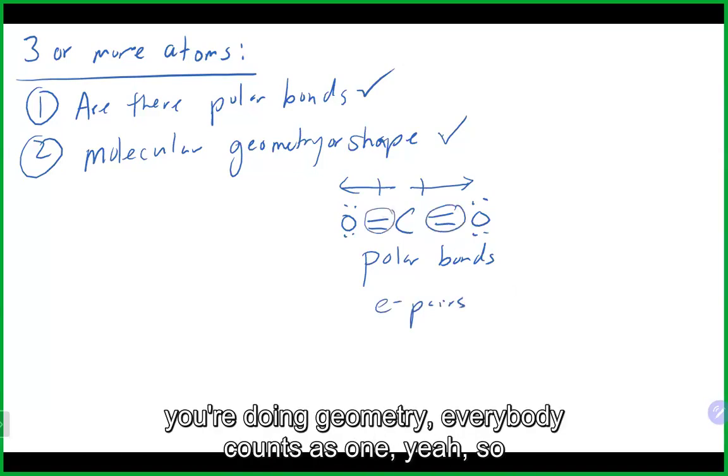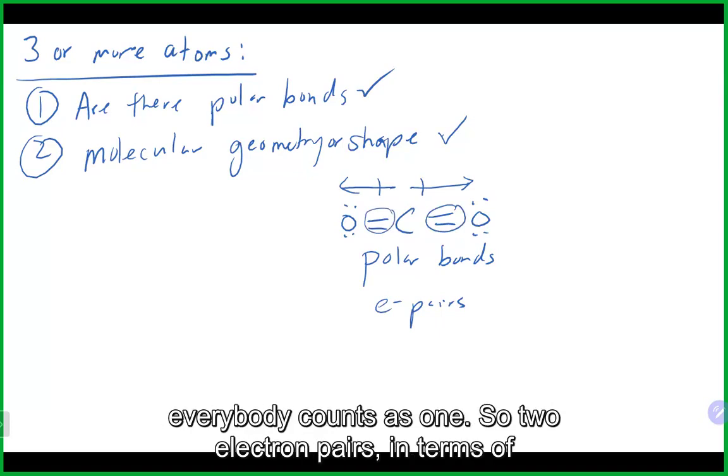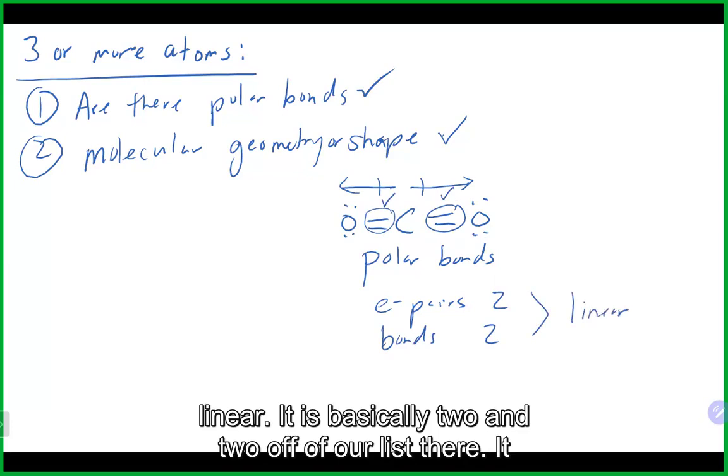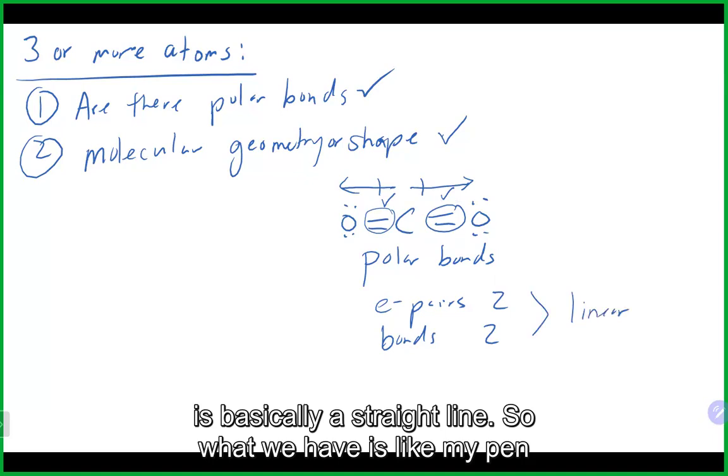Remember, when you're doing geometry, everybody counts as 1. So 2 electron pairs. In terms of bonds, we also have 1 and 2 bonds. So this geometry is linear. It is basically 2 and 2 off of our list there. It is basically a straight line.